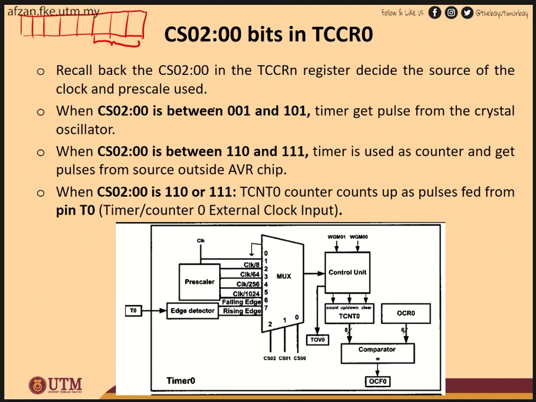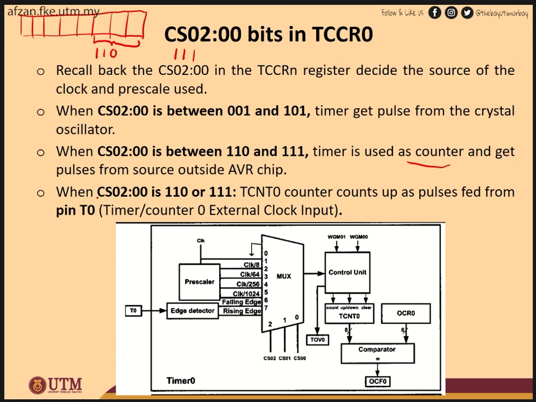Whenever you put 000 to 101 inside these 3 bits, the timer gets its clock from the crystal or oscillator. But if you put the value 110 or 111 inside these 3 bits, the timer is used as a counter and gets the pulses from outside of your AVR chip.